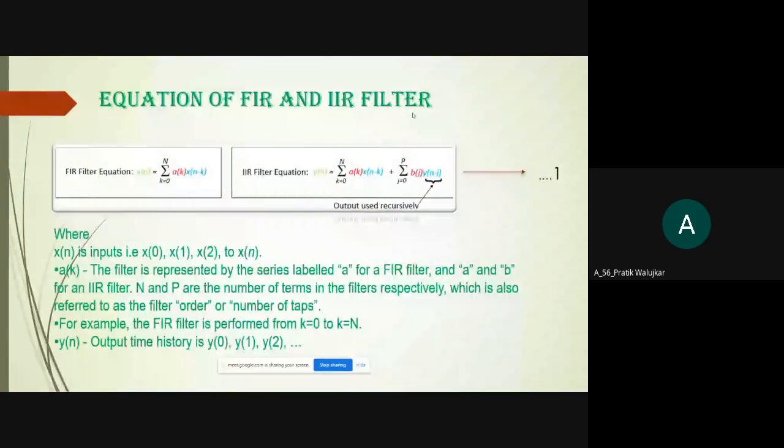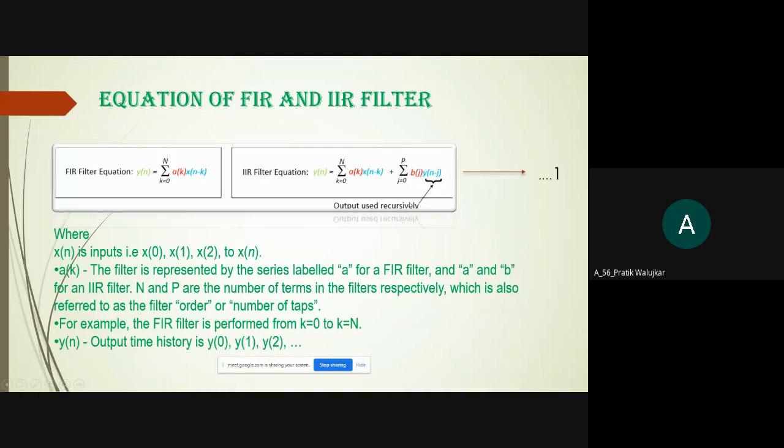In this slide there is an equation of a FIR and IIR filter. This is the equation for a FIR filter: y of n is equal to summation k equal to 0 to n a of k into x of n minus k. And this is the equation for the IIR filter: y of n is equal to summation k equal to 0 to n a of k into x of n minus k plus summation j equal to 0 to p b of j into y of n minus j.